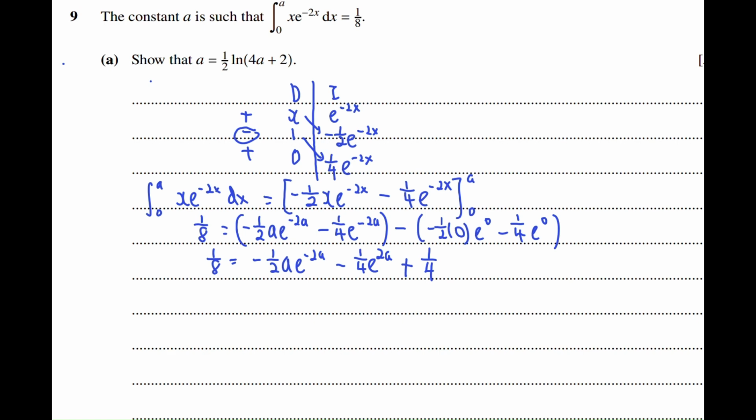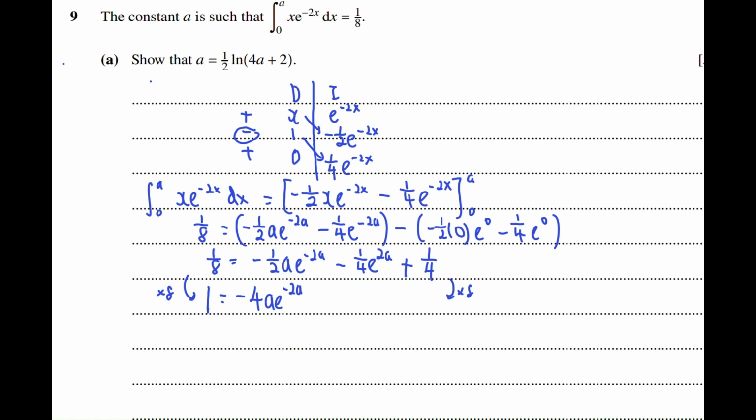Now, notice that we have 1, 2, 3, 4 terms that come with a fraction. So personally, I tend to remove the fraction by multiplying by the biggest denominator. In this case, I'm going to multiply the whole equation, both sides, by 8. So I'm going to have 1 on the left. Negative 1 over 2 multiplied by 8, I'm going to have negative 4a e to the power of negative 2a.